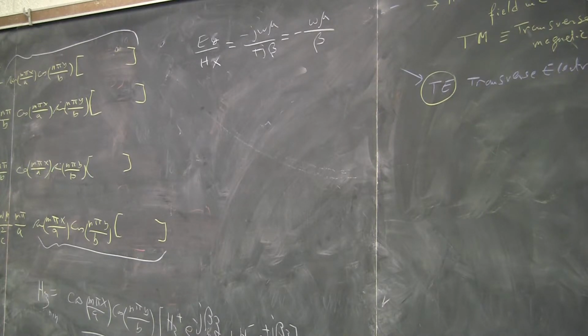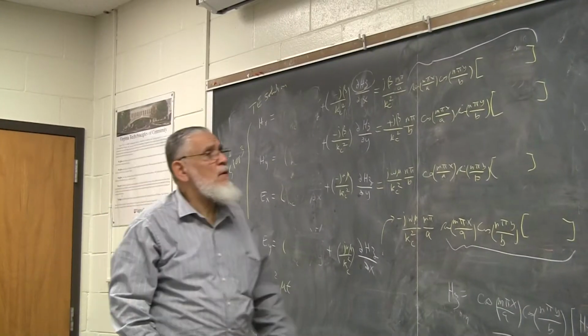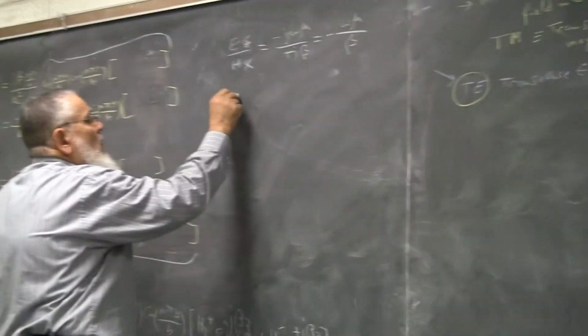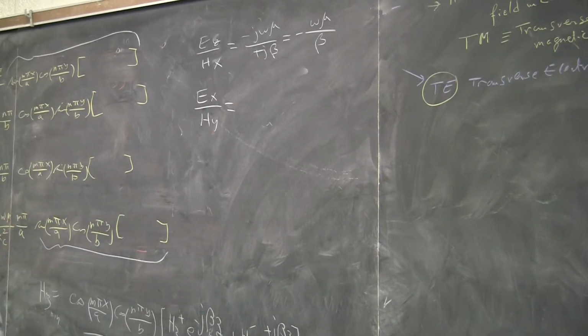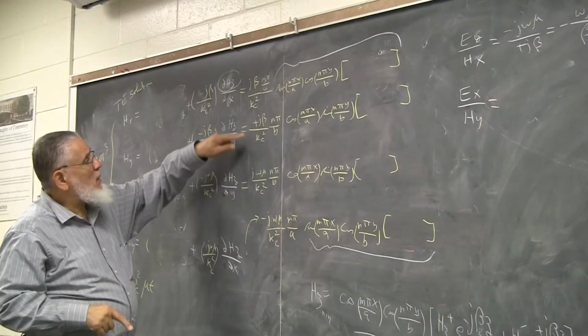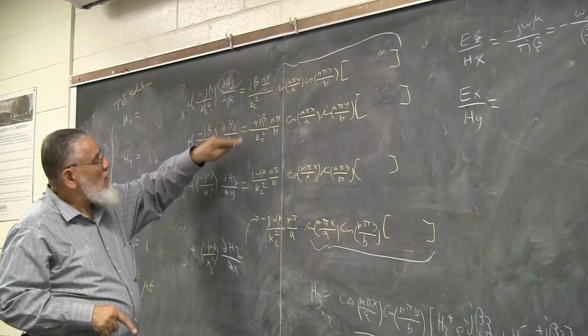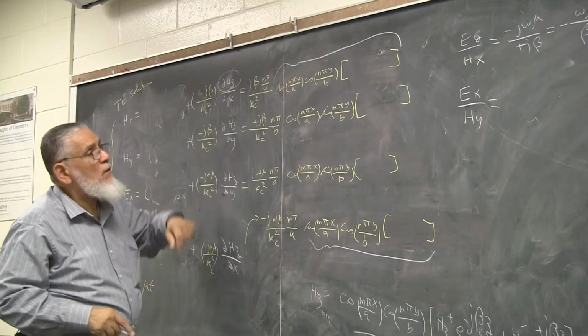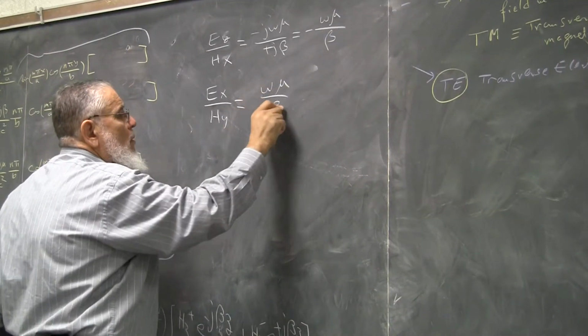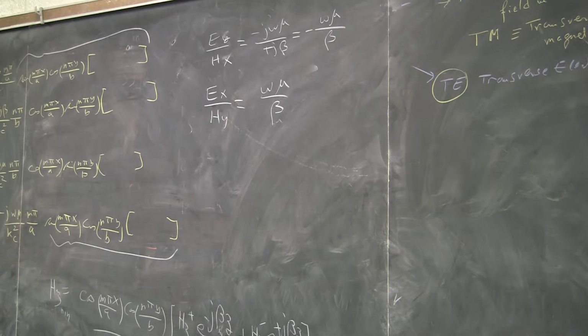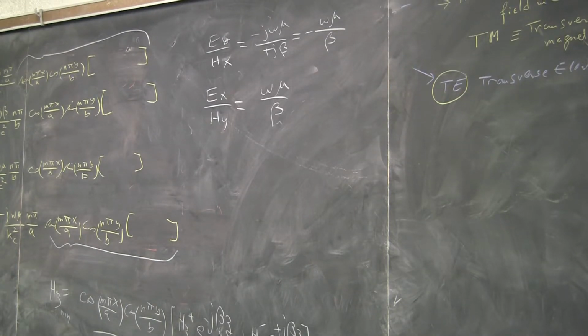Let's divide Ex over Hy. What do we get? We divide this by that and get the same exact thing, omega mu over beta. Sorry, what did you say was in the brackets there?